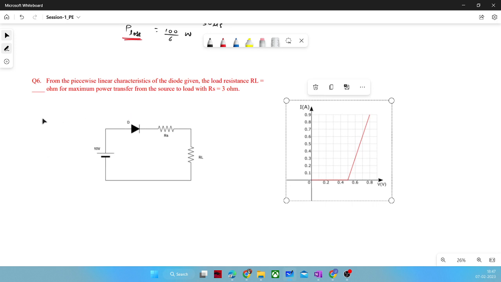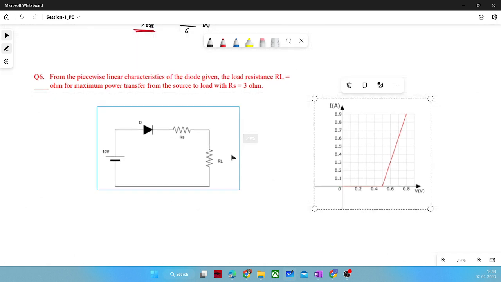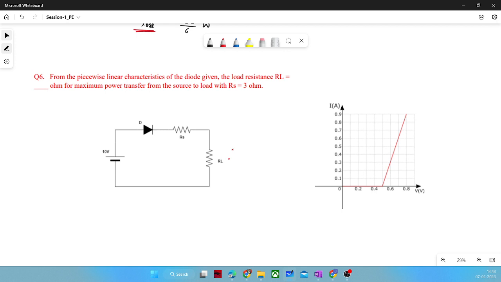Okay. So in this problem, it is given that RL is 3 ohm. Let me zoom. Sorry, no. RS is 3 ohm given. We need to find out the value of RL such that this circuit will be able to transfer maximum power from source side to load side. Okay.